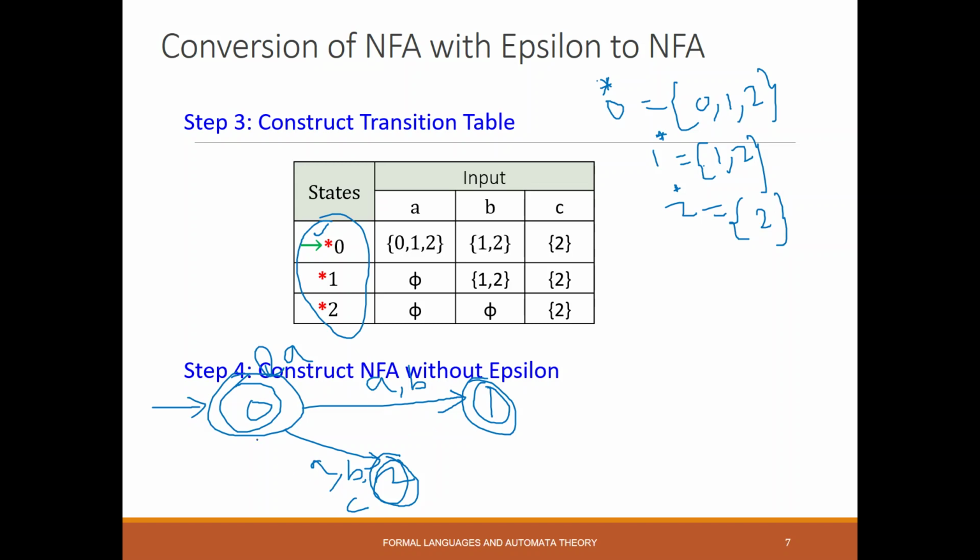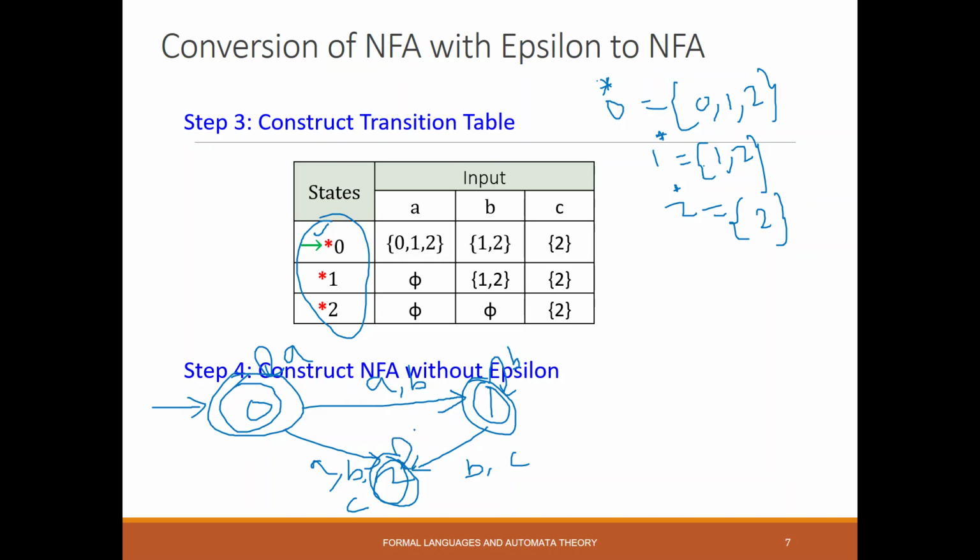Likewise we can do 1 comma a, there is no transition. 1 comma b goes to 1 and 2. So 1 comma b, 1 and 2. Likewise we can do. Next 1 comma c, it goes to 2. So b comma c, right? Next 2 comma a, there is no transition. 2 comma b, there is no transition. 2 comma c goes to the same state.